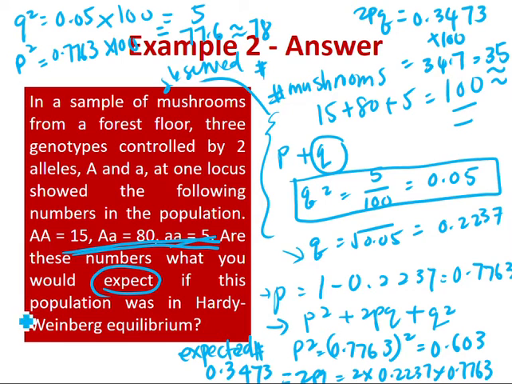So from the expected values you just calculated, homozygous dominant is actually 78.